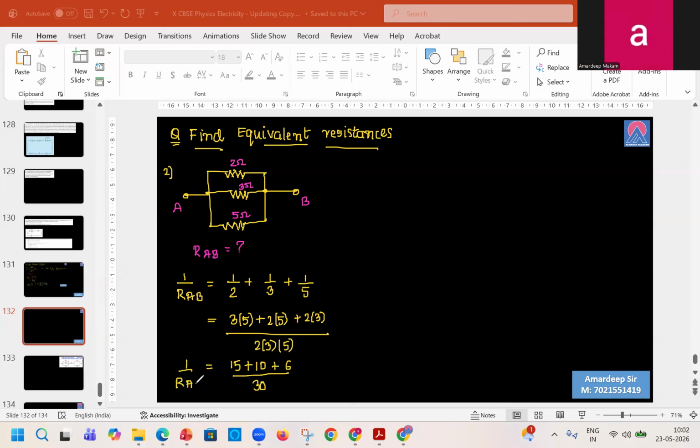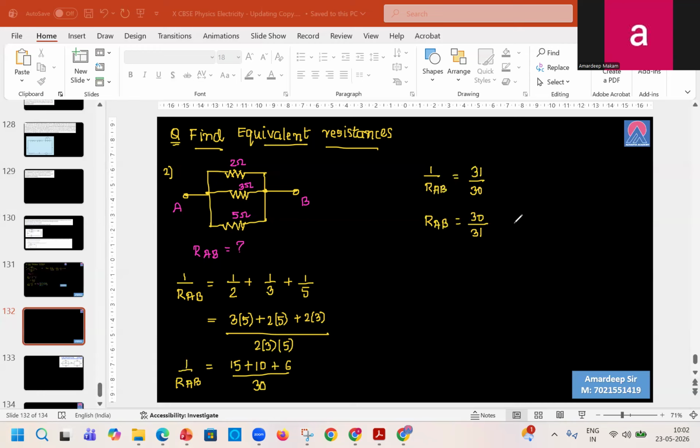So that means 1 upon R_AB is how much? 31 upon 30. 1 upon R_AB is 15 plus 6, that is 21, plus 10, that is 31 divided by 30. But we want R_AB, so we take the reciprocal on both sides. So 30 upon 31.